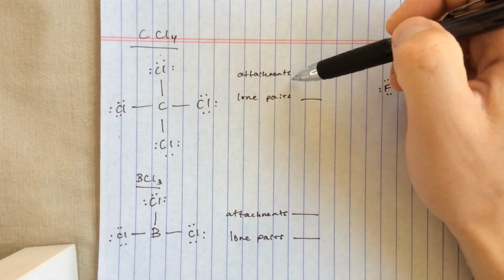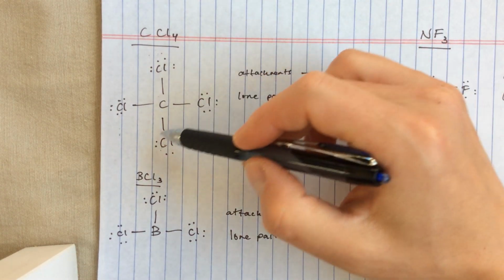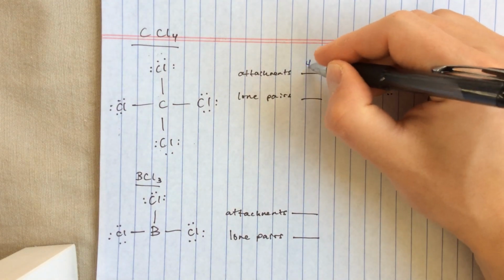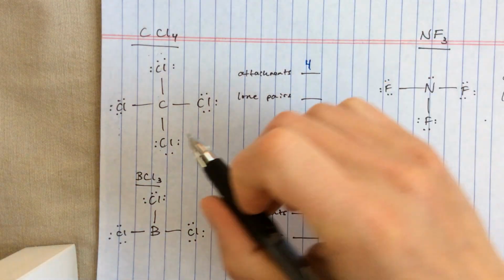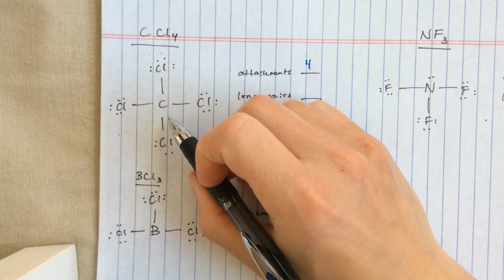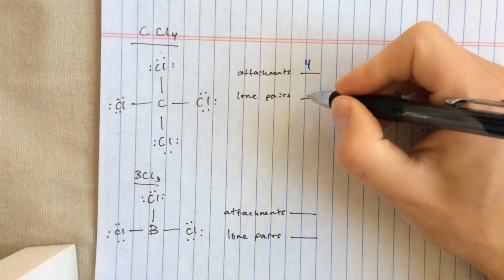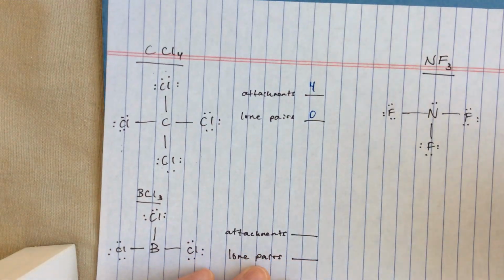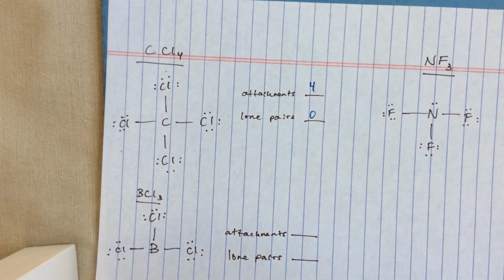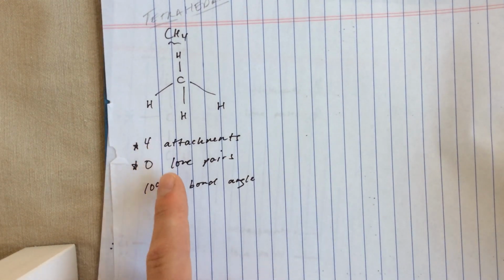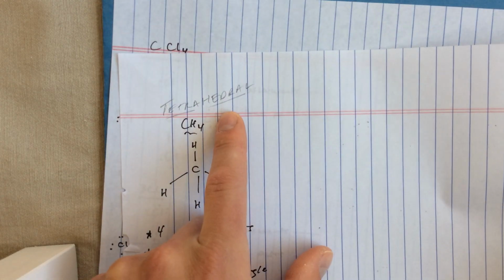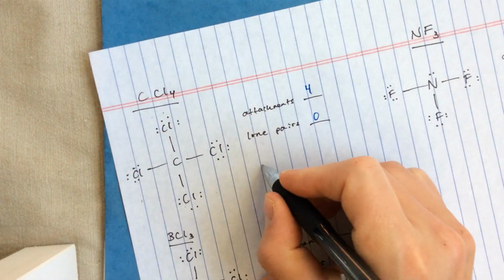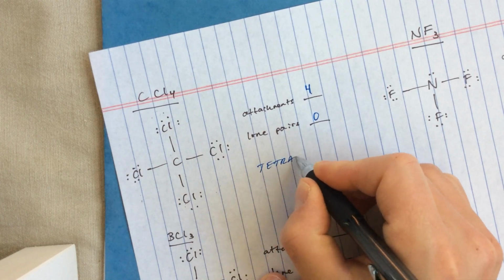How many attachments does it have? One, two, three, four. So it's got four attachments. Then, only looking at the central atom, how many lone pairs does it have? Zero. If you remember, what had four attachments with zero lone pairs? This would be a tetrahedral shape.